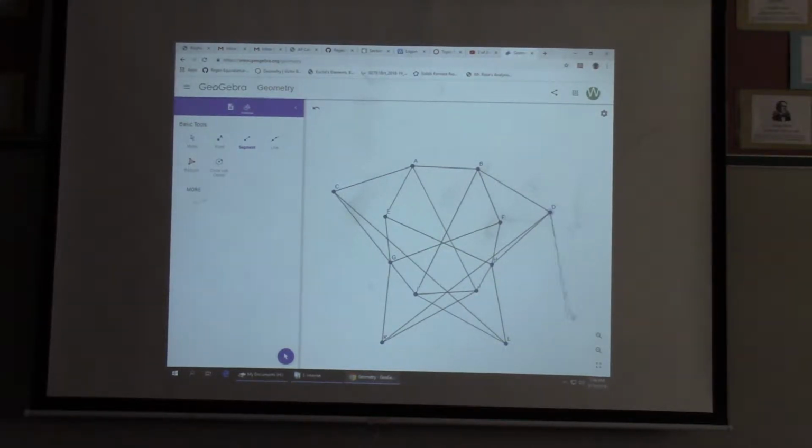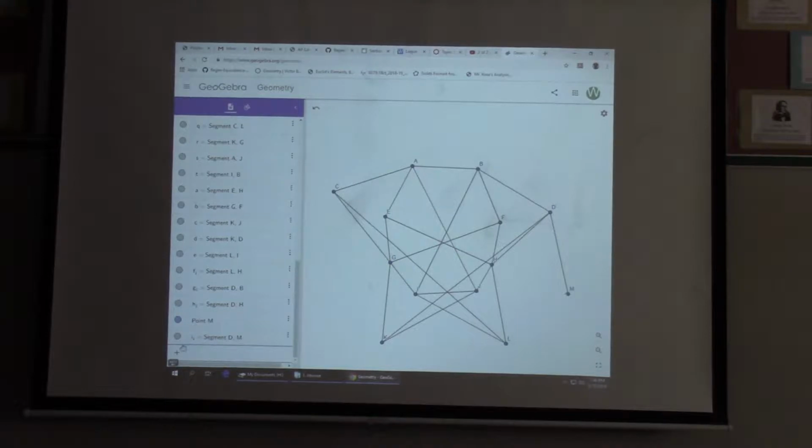Wait, K, no, something went wrong. D was already connected. So, hold on. Just be careful about this. Okay. So, good. Alright, here's my graph.